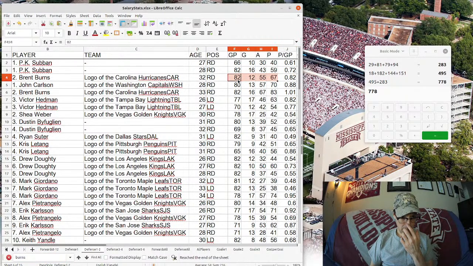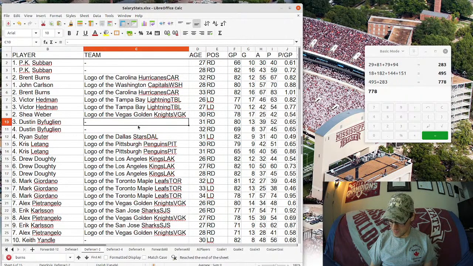Okay, so then that means I need to change this slightly. How does that make any sense?